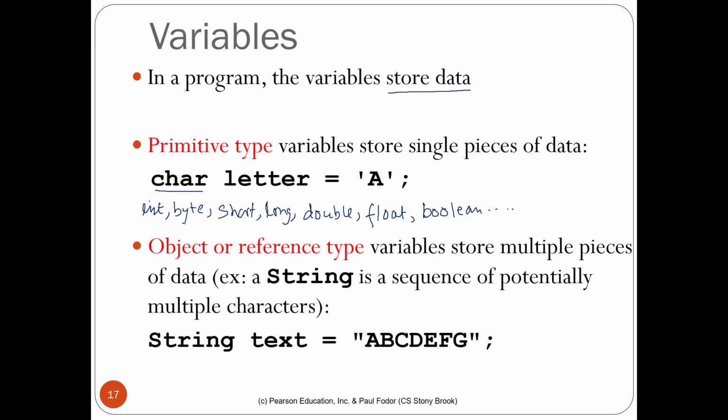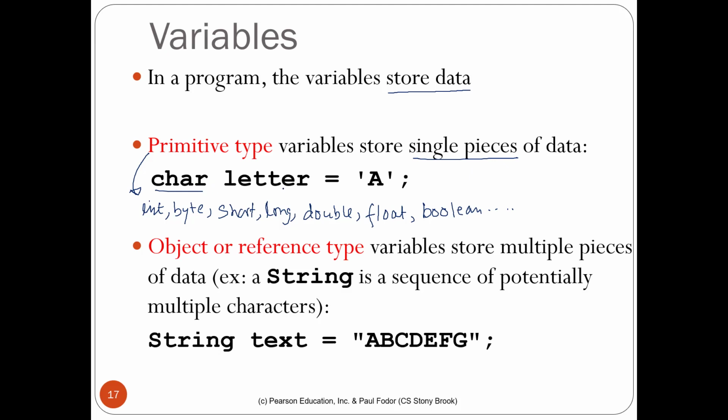These are the examples of primitive types, right? And what is a primitive type? So primitive type variables store a single piece of information. What does that mean? Look at this example here.